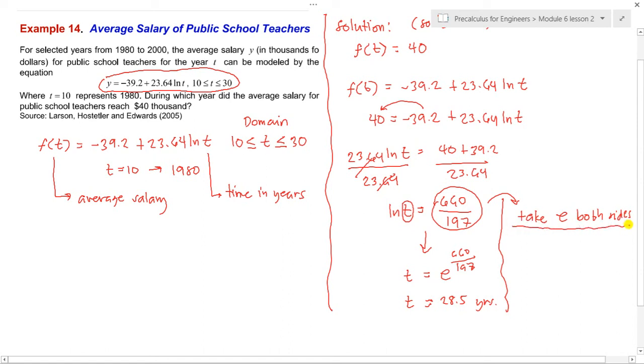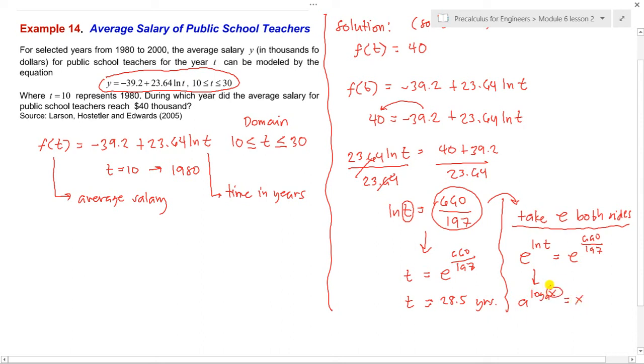Anyway, same man gihapon na siya sa kung imo siya i-convert. If we're going to take the exponential of both sides, ma-raise gyud na sa e ang left side. Same pod sa right, e raised to 660 all over 197. So pwede ninyo gamiton, class. And then remember class, kani siya, unsa pasabot ni, di ba? If you have a raised to the logarithm of x to the base a, di ba ang answer is just the x.